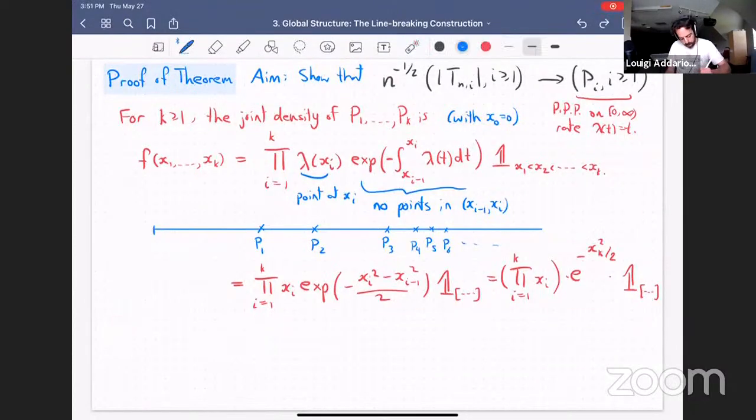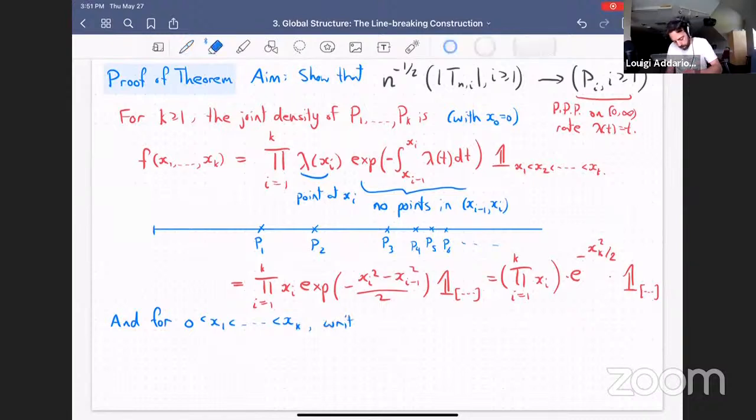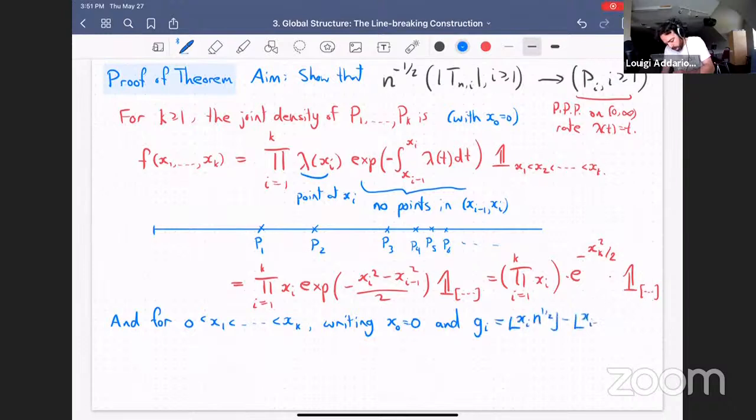And now let's do what I said we would do, which is work out the asymptotic joint density for these branch lengths on scale n to the half. So x0 equals 0 still. And then I'm going to take gi, like the g's from before, to be xi n to the half minus x_{i-1} n to the half.